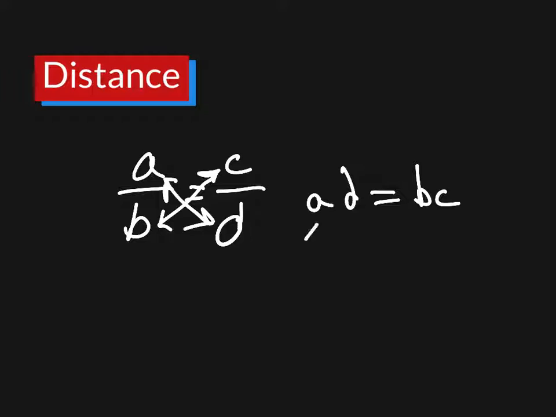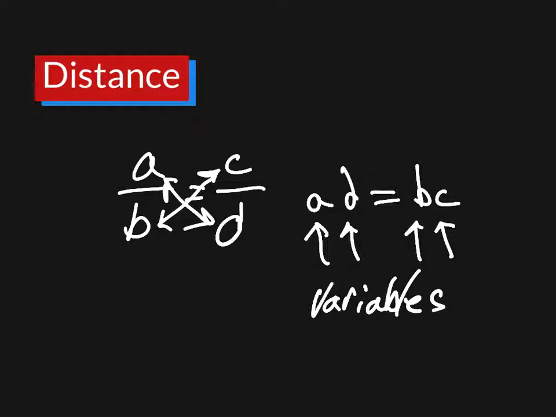And these letters we would replace with numbers in order to prove this proportion. And these letters could stand for different numbers, so they're something called variables, because they could have different amounts depending on what the problem says.